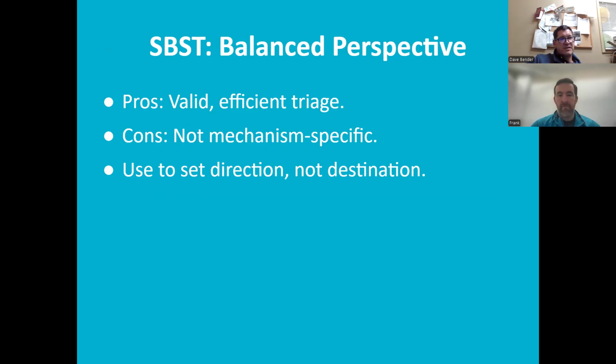Use this to set direction, maybe not destination. You can classify that this person's not going to need a great deal of resources. Or again, you can qualify that, yeah, this is an all hands on deck approach. I know that this person is high risk for chronic pain. I need to make sure I'm managing and looking at all the different buckets that may be driving this, not just a select few.